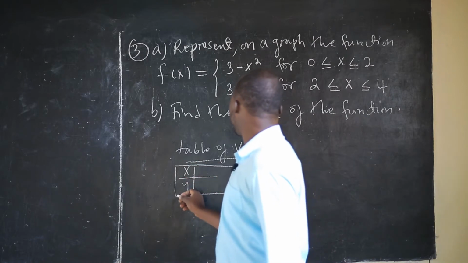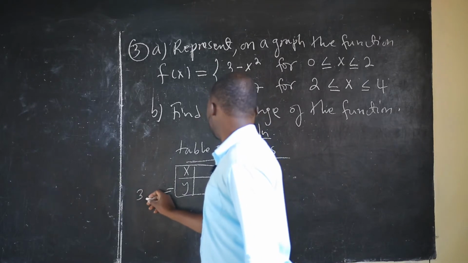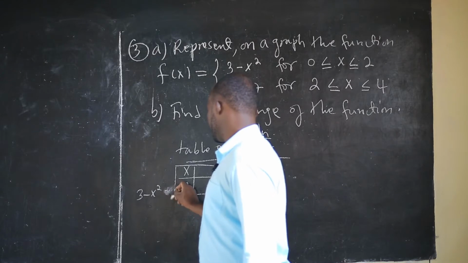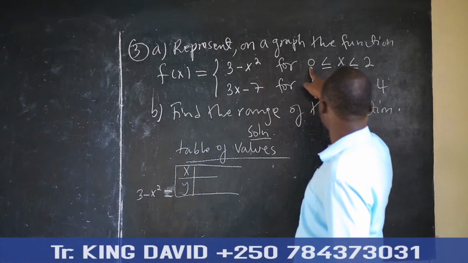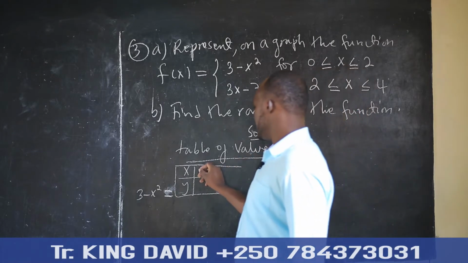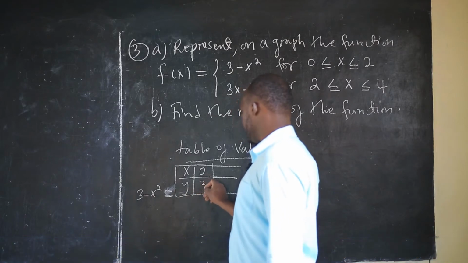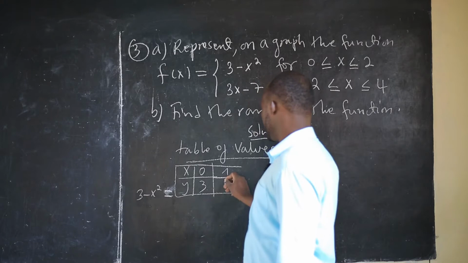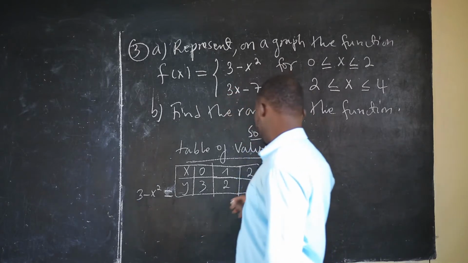This is y equal to 3 minus x squared, with domain from 0 to 2. Let's start with 0. If we bring 0 here, I have 3. For 1, I have 3 minus 1, that is 2. Then for 2, I have 3 minus 4, that's negative 1.